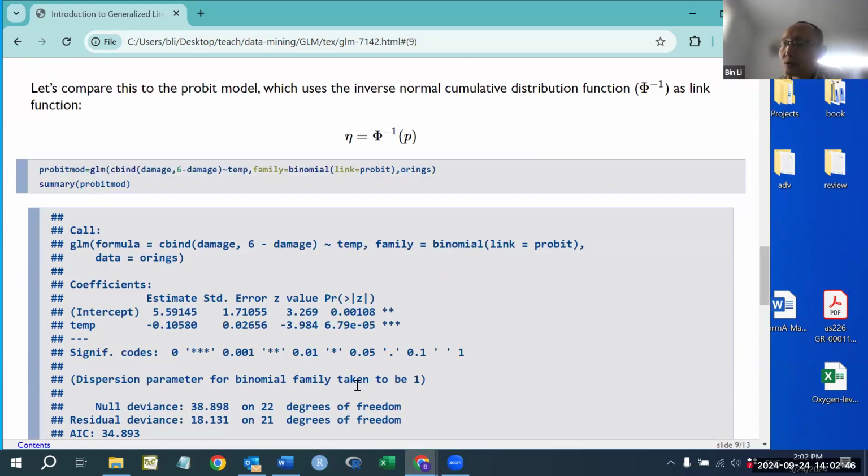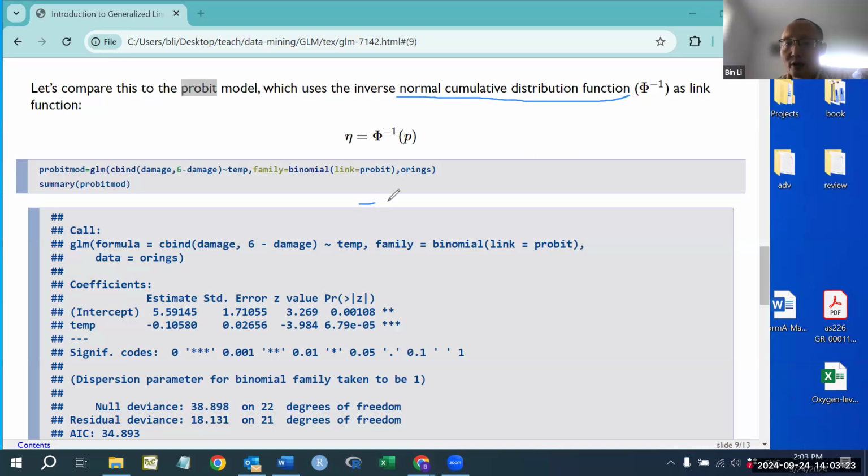Now we can compare the logistic regression with a different model, the probit model. The probit model is almost the same as the logistic regression model. The only difference is the link function. In the probit model, the link function is the inverse of the normal cumulative distribution function. So what is a normal cumulative distribution function?